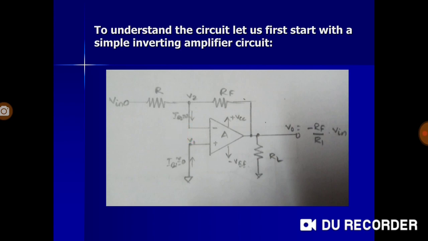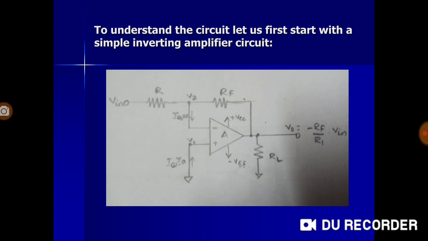Since V1 is equal to V2, why is V1 equal to V2? Because the op amp has infinite open loop gain. This A is infinite open loop gain. Gain is normally the output to input ratio. And what is the input? The difference of the two signals at the two input terminals, non-inverting and inverting.